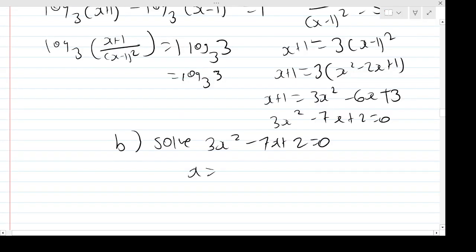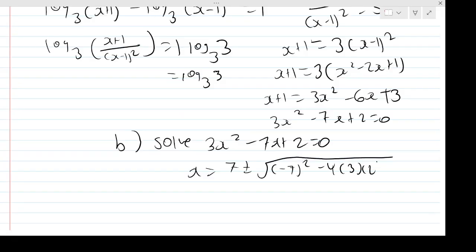That'd be 7 plus or minus the root of minus 7 squared, take away 4 lots of 3 lots of 2, over 2 lots of 3. And so that will get me x is 2 or x is a third.